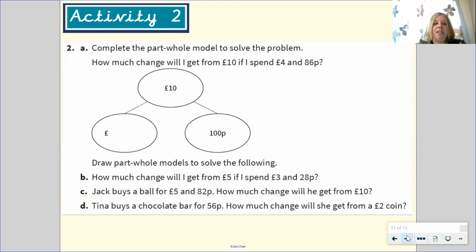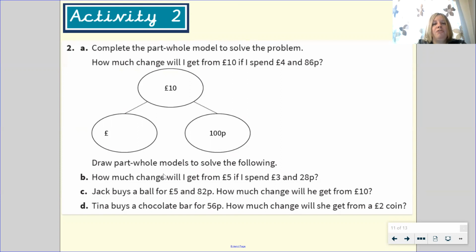Then activity 2, complete the part-whole model to solve the problem. How much change will I get from £10 if I spend £4 and 86p? When you're drawing your part-whole model, remember to use a ruler to draw the connecting lines.